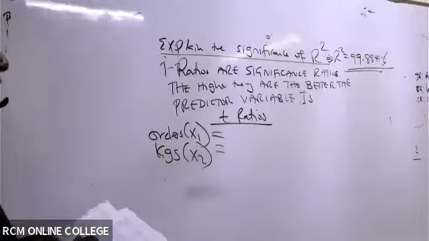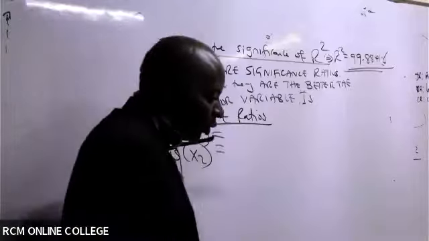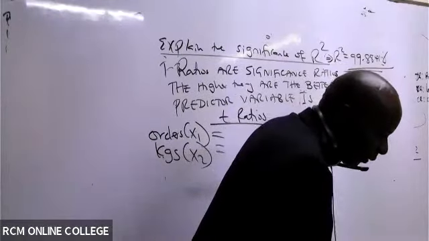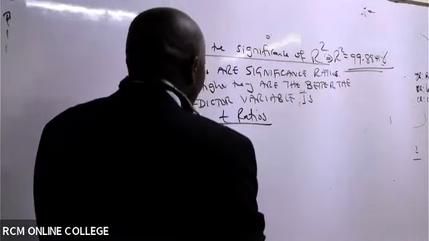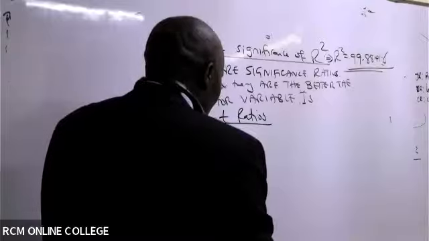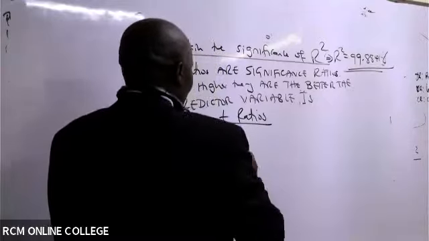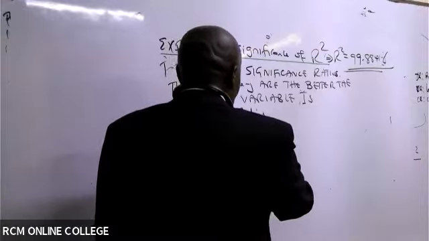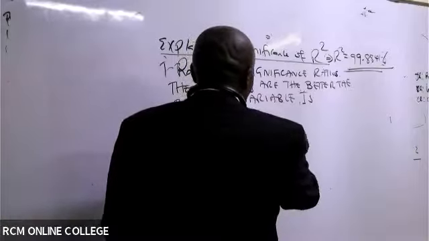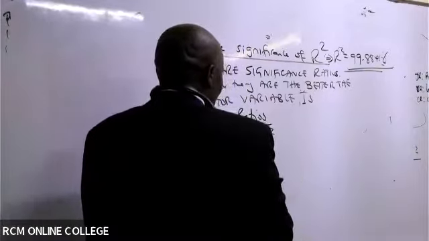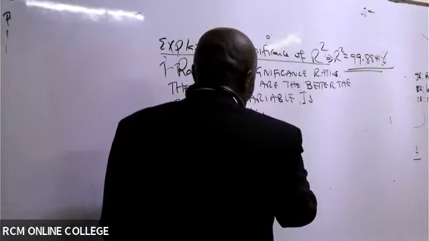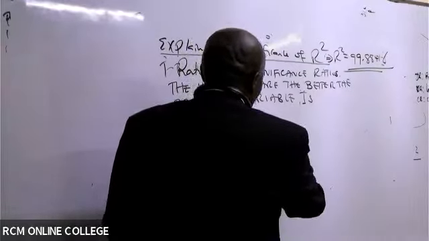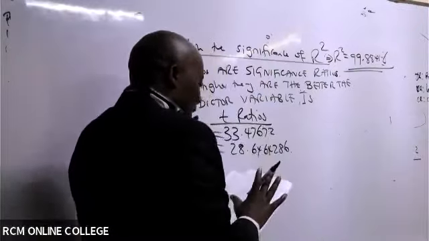These guys are tired. Yes, Jeru. So T ratio for orders, 33 point what? 33.47672. And then T ratio for X2 is 28.646426.